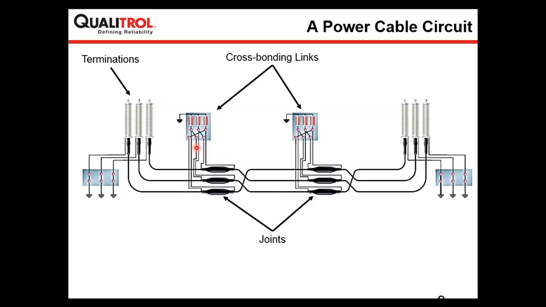If you have circulating currents, it will lead to overheating of the power cable. So whenever a transmission network cable circuit is designed, these cross bonding links are placed at different joint locations to minimize the effect of circulating currents, or the induced current which travels along the cable earth and increases the cable temperature.